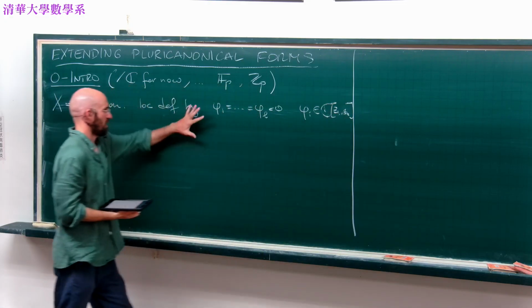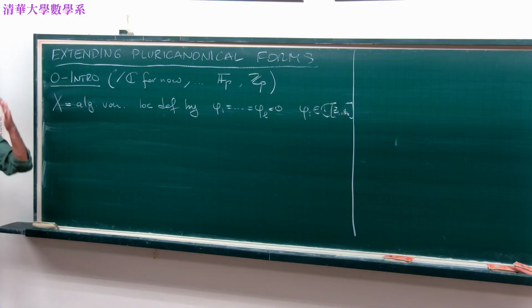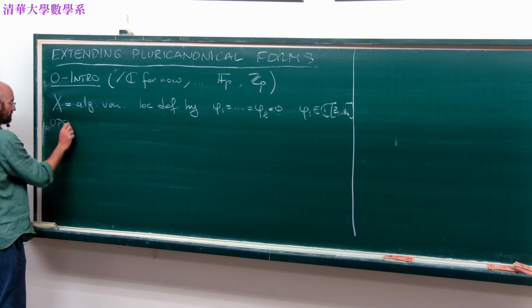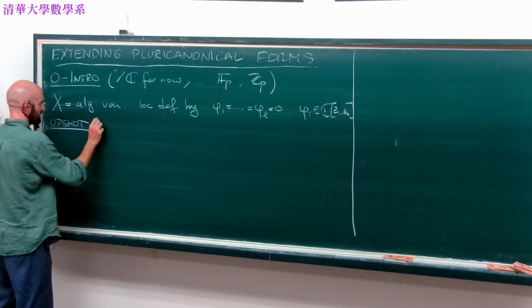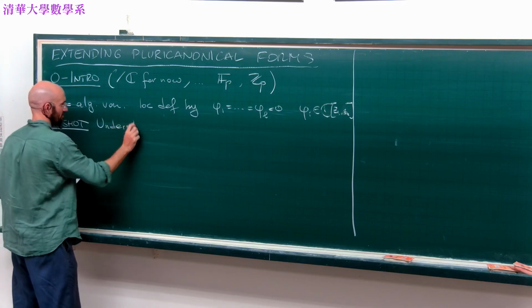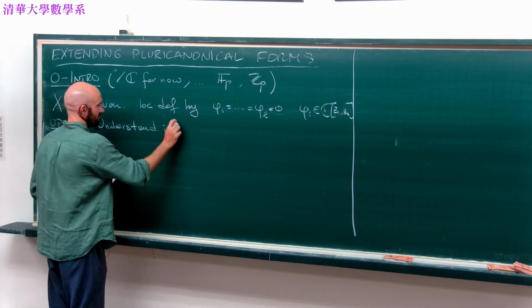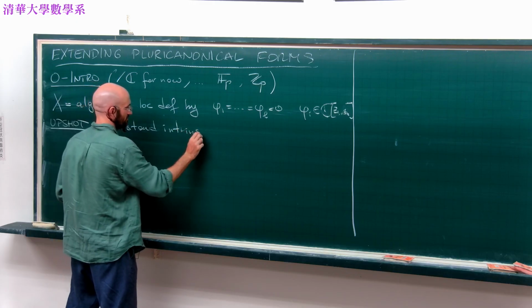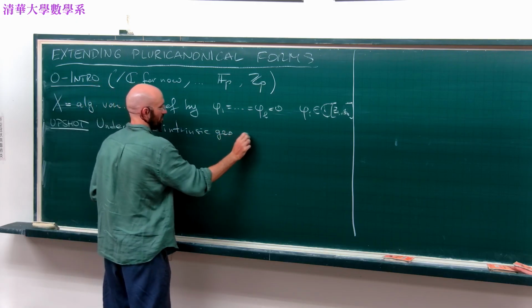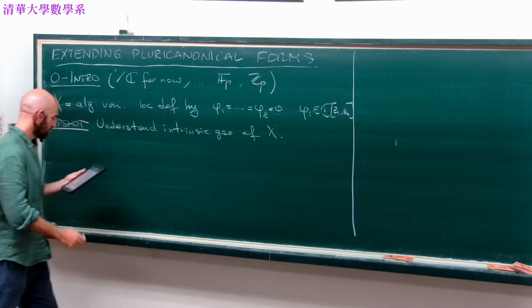So, some space that is locally modeled after the vanishing locus of a finite set of polynomials with complex coefficients. And our upshot is that we want to understand the intrinsic geometry of X. So how do we do it?